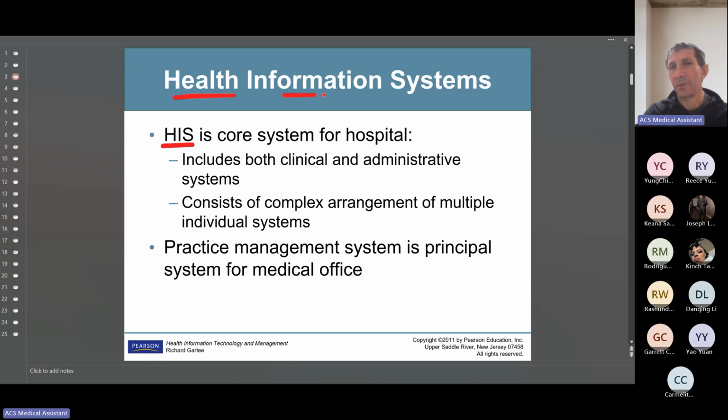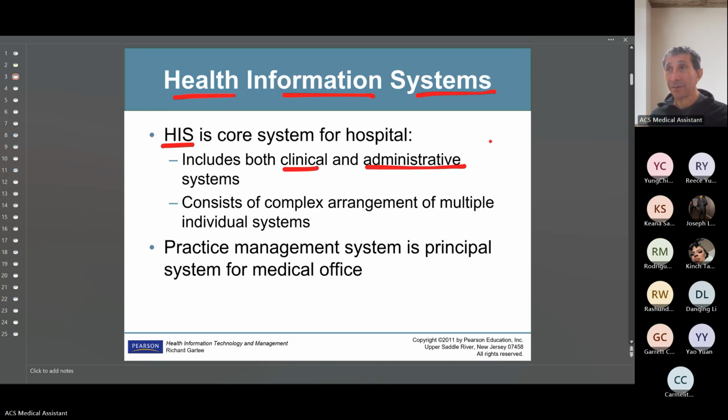Now, this is used in every single industry, but in medical, we use health, and other companies use information systems. We are concerned with the medical part. So in medicine, we use two parts of the health information system, the clinical part and the administrative part.